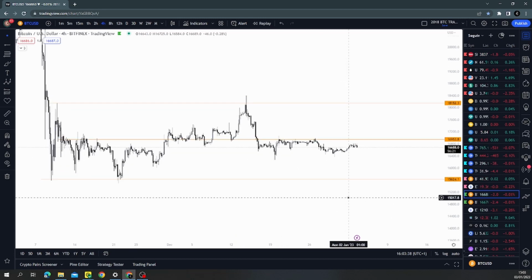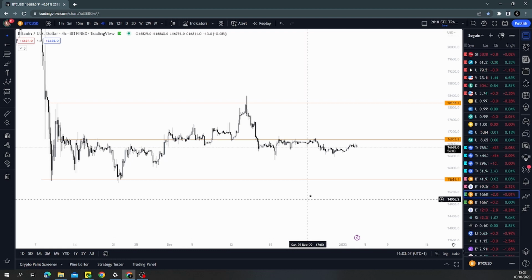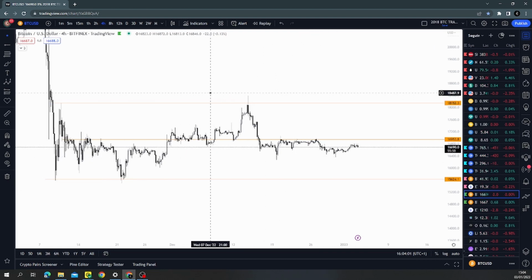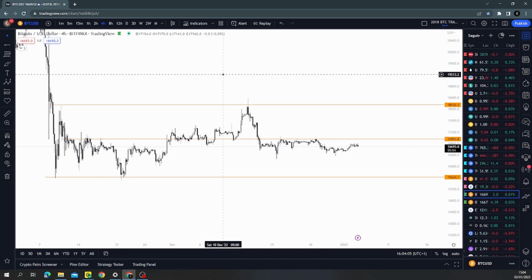I'm not looking for 5% or 7% wins, I'm looking for 10, 15, 20% trades, okay? I play with very little leverage, like 2-3x maximum. This is a long play game. Don't try to play with too much leverage because you're going to lose all your money.